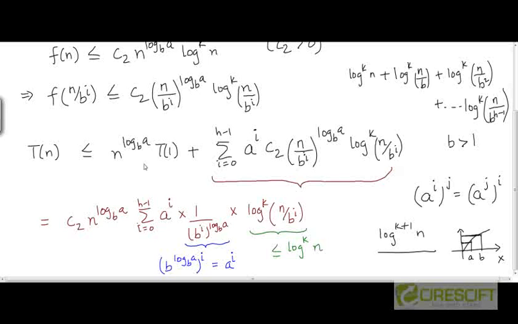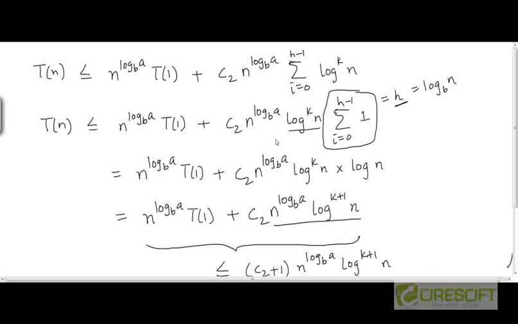The first term ends up being irrelevant because it turns out to be a lower order term. But just focusing on the second term, we then further replace this n by b to the power I by just n, thereby making this whole expression even larger.